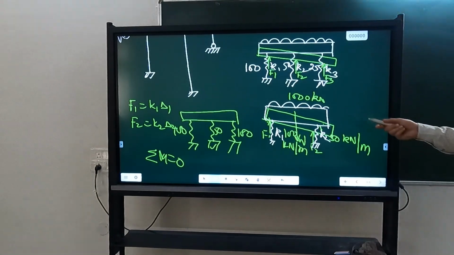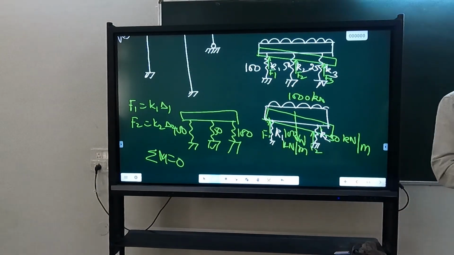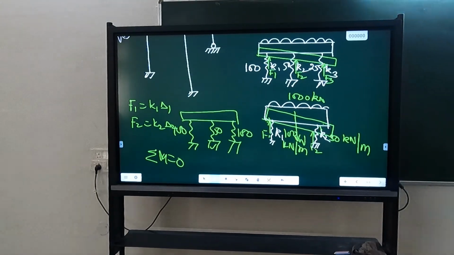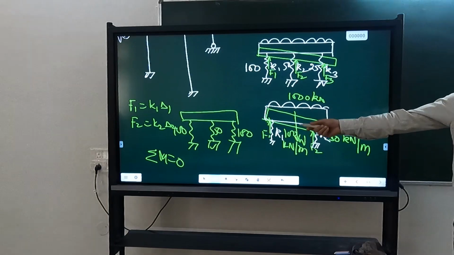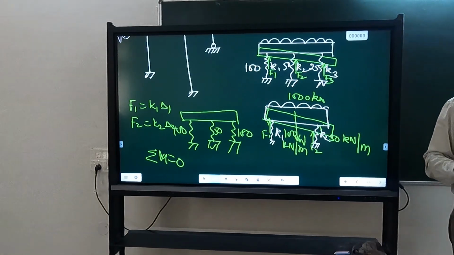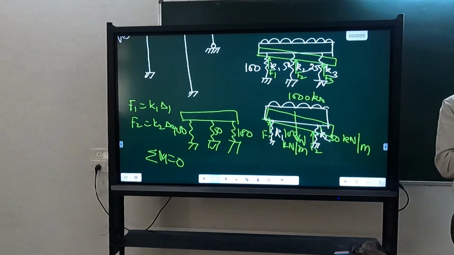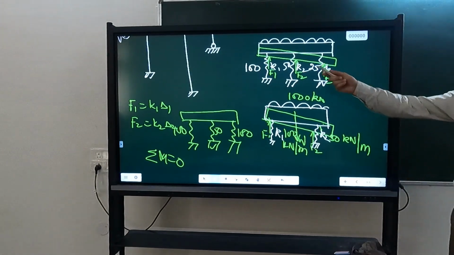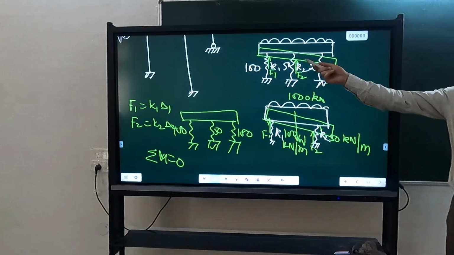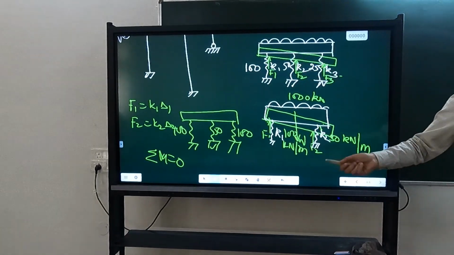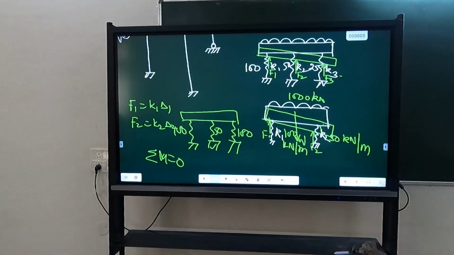And if the forces are the same, the displacement will adjust in such a way that displacement into stiffness gives you the same force. So the displacements at the two springs are going to be different. That will happen only when there are two springs. If there are three springs, you can't say that the forces are equal from equilibrium.